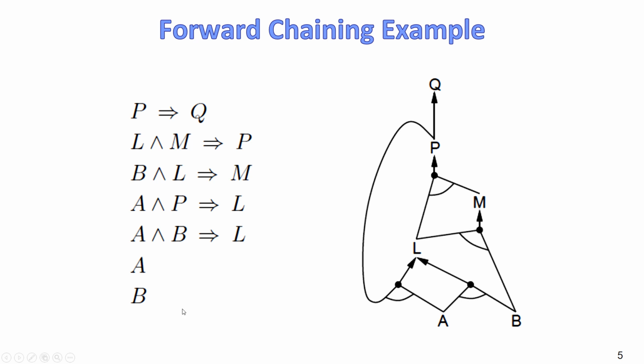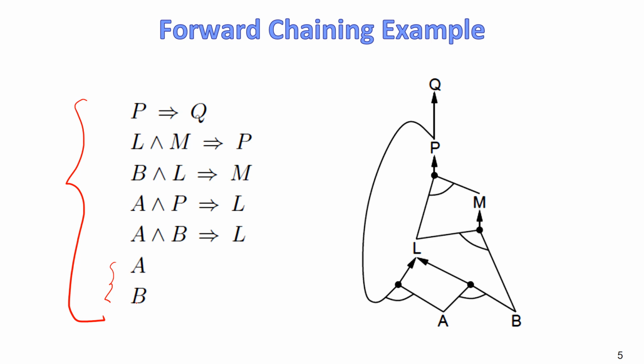On the left side here, we have the knowledge base. Now, if you look at the knowledge base, all these sentences are written as implication statements or rules. Even these two are considered definite clauses, right? Because a definite clause has exactly one positive literal, which is the case here.